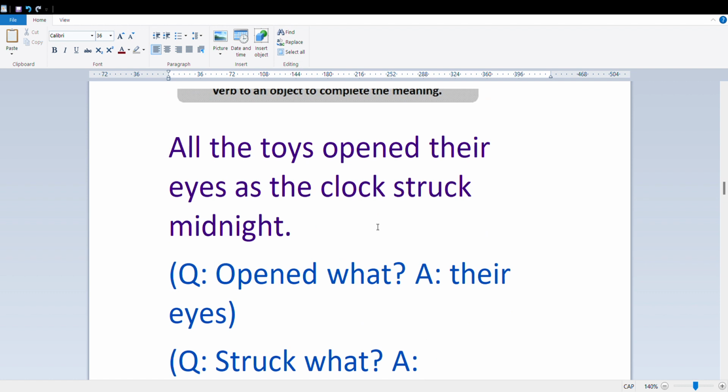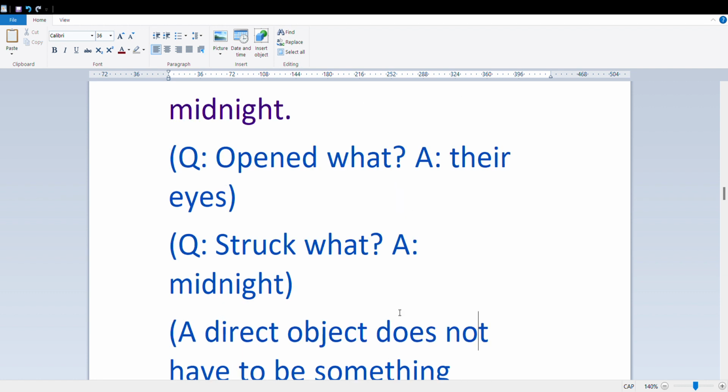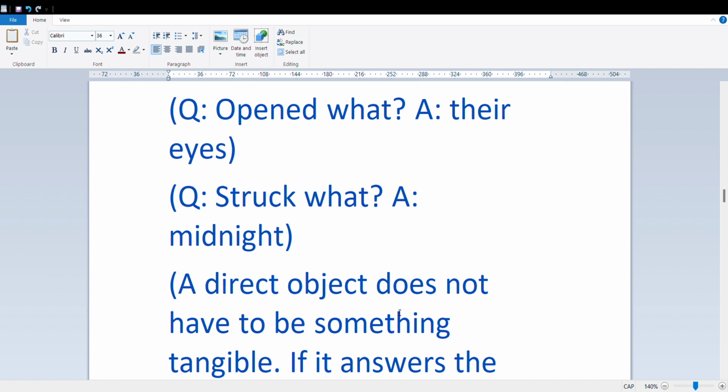Let's see. All the toys opened their eyes as the clock struck midnight. Okay, so opened what? Opened their eyes. Struck what? Midnight. You all should always ask questions for this.